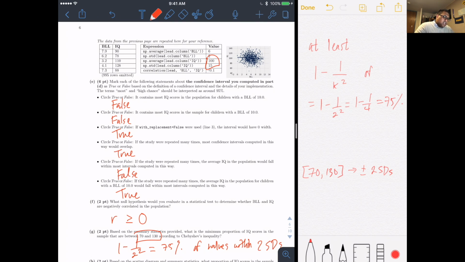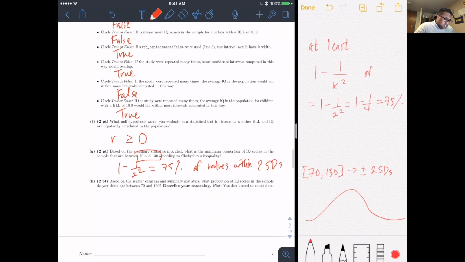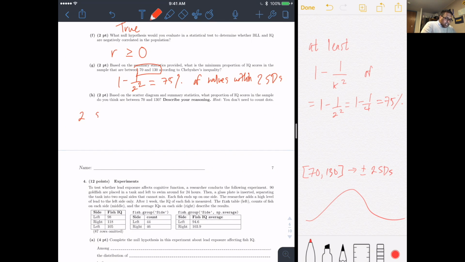And what kind of distribution do we know is similar to that? Well, that's a normal distribution. Normal distributions have fewer values at the tails, and everything's concentrated in the middle. So if we hypothesize that this distribution is normal, then we know that 2 standard deviations corresponds to 95% of the data, as we've repeated in this class over and over.